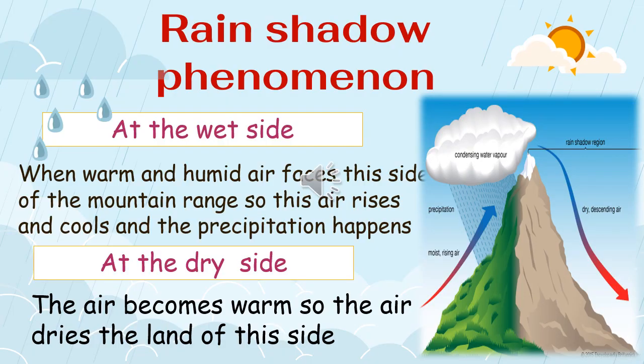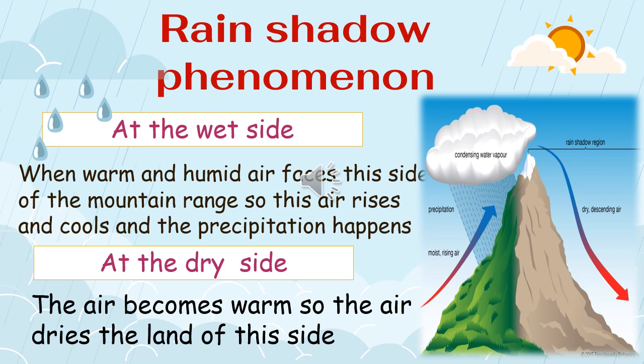Have you ever asked yourself why this side is considered the wet side? Think more. Super, because this side is near the coast. As we know, the ocean or the sea is heated by the sun, and then it evaporates.